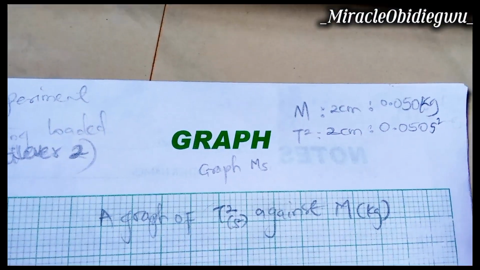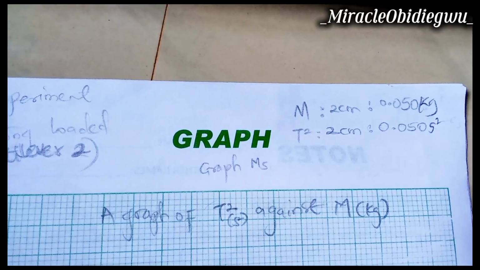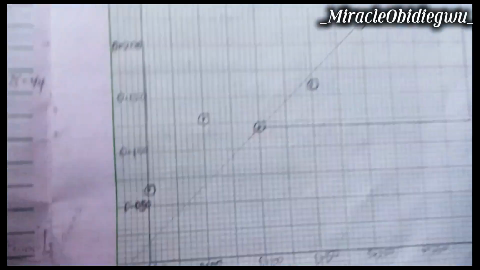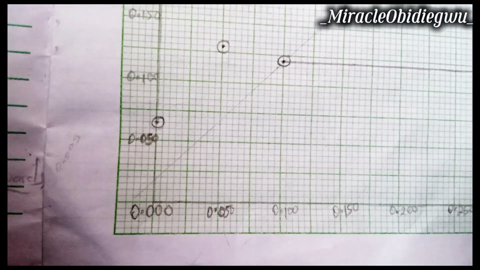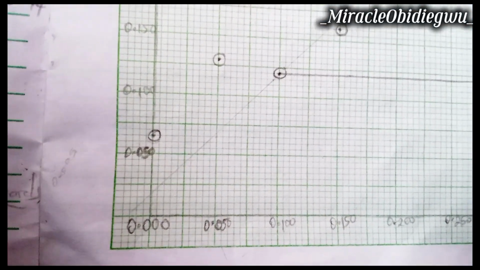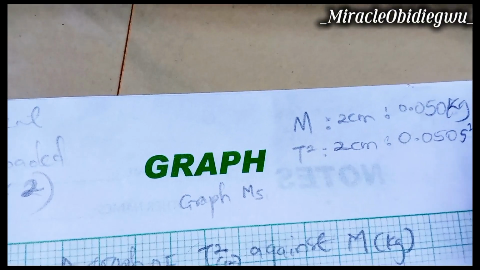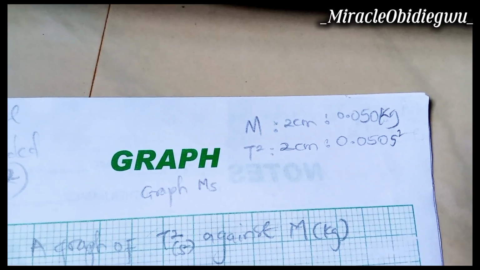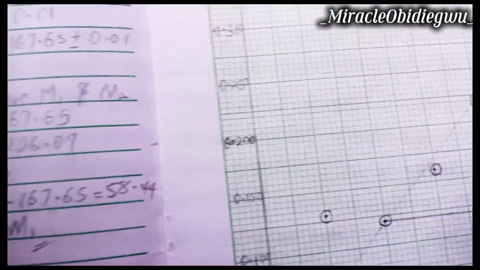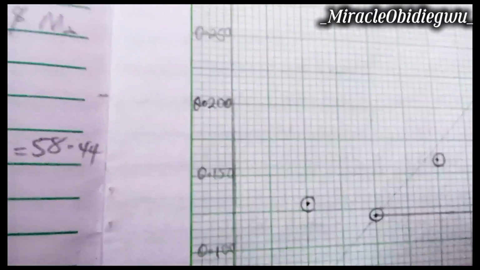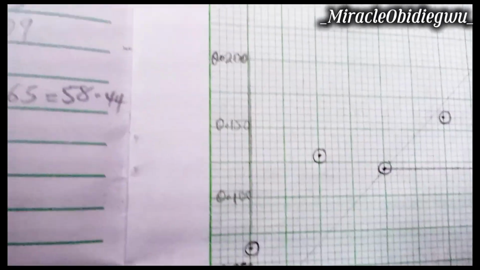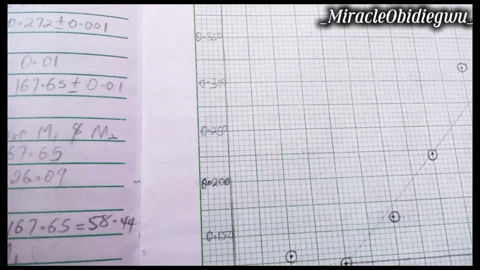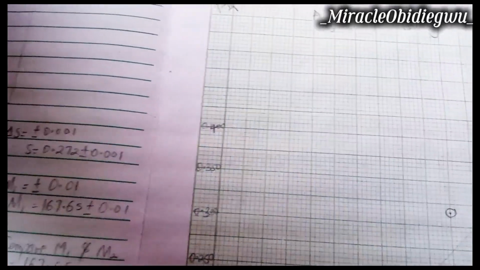In our m-axis, we have 2 cm to 0.050 kilogram. For our T square axis, 2 cm is to 0.050 seconds. So it's the same thing for both axes: 0.050, 0.100. We're using the same unit for both axes.